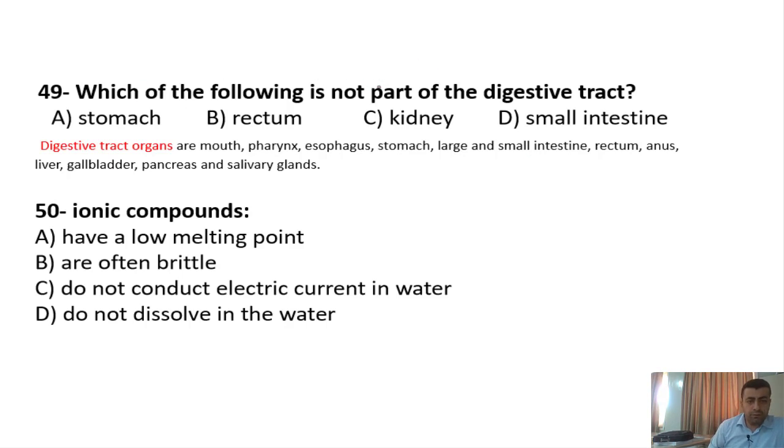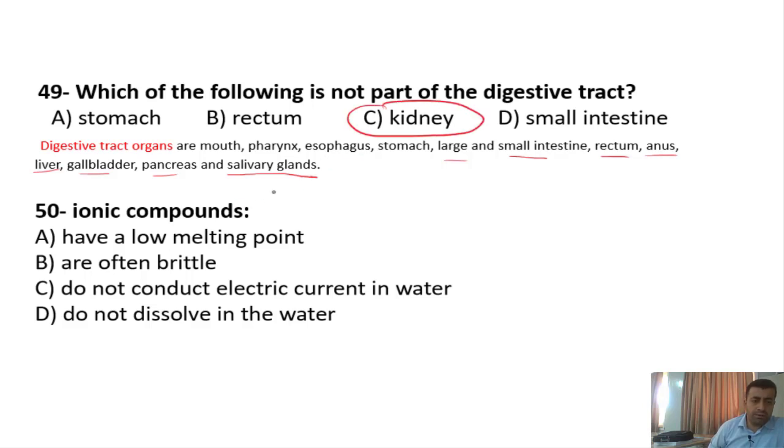Which of the following is not part of the digestive tract? The digestive tract contains mouth, esophagus, stomach, large intestine, small intestine, rectum, anus, liver, gallbladder, pancreas, salivary glands. According to that, no kidney in this list, so answer will be C.